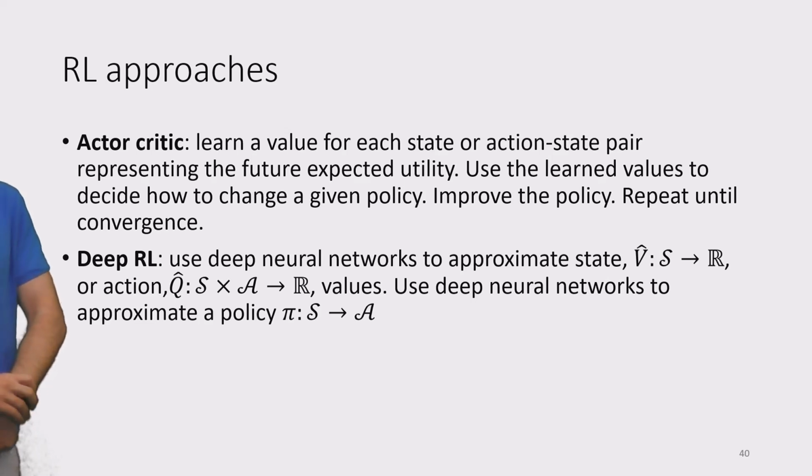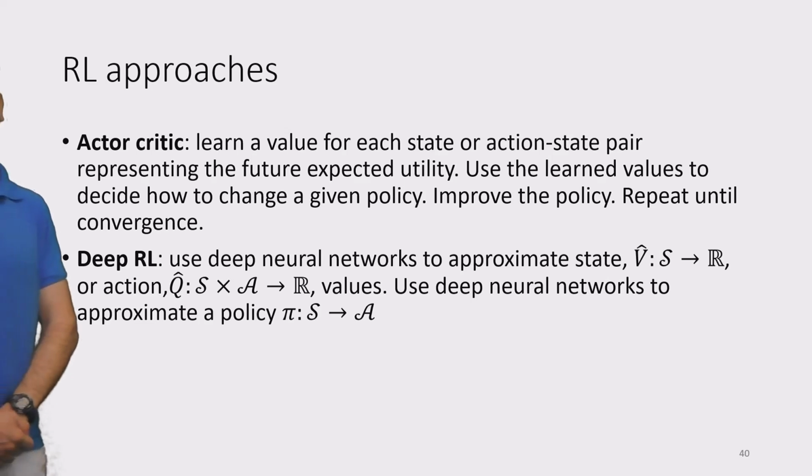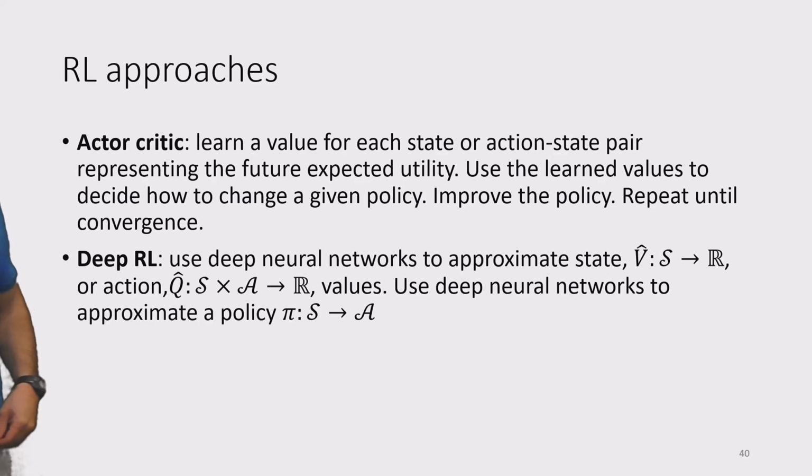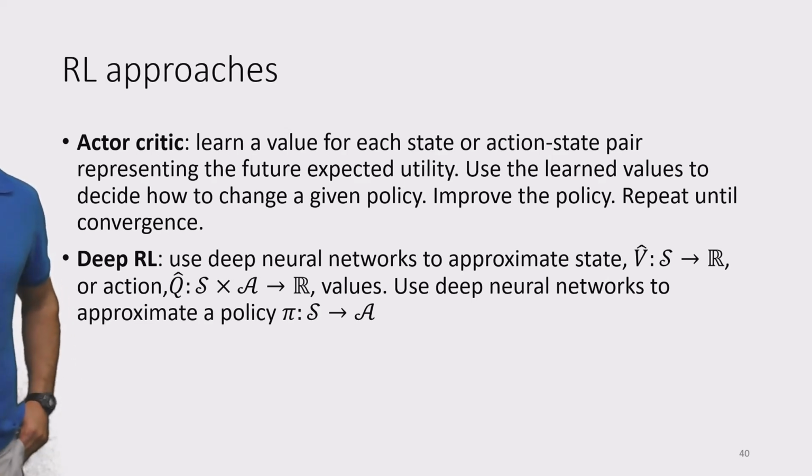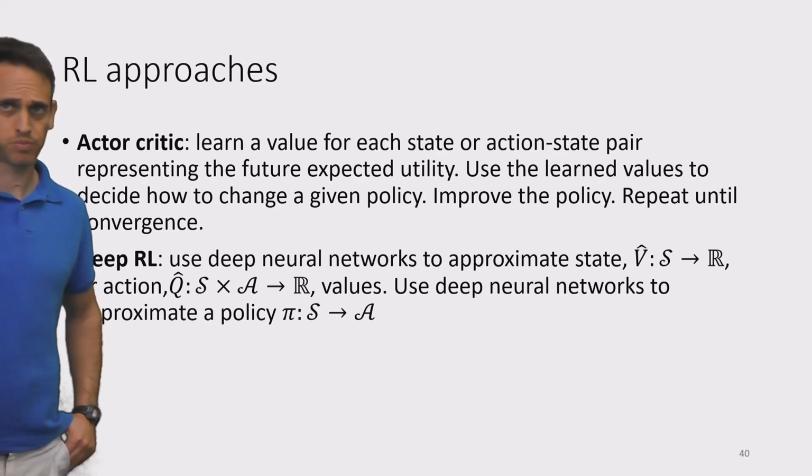So the hat is used to represent approximation. This is a mapping from states to some value, or learning an action-value approximation, which is usually represented with a Q. Again, the hat means that we approximate that value, which maps pairs of states and actions into some value.